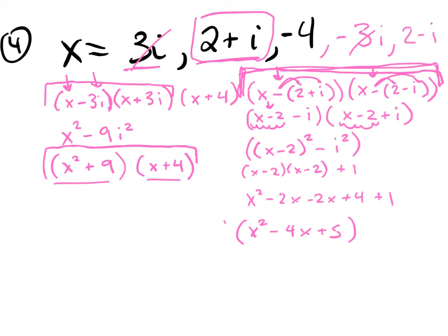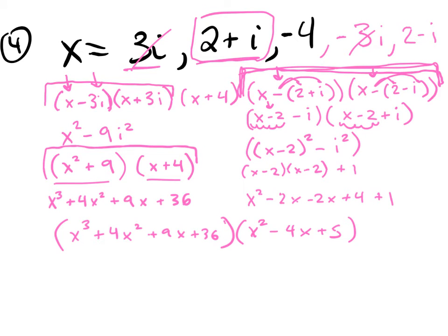Yes. Okay. So we have x cubed plus 4x squared plus 9x plus 36. We don't have any like terms here, so we can't simplify it anymore, so I'm just going to rewrite it. So it's next to the other one.